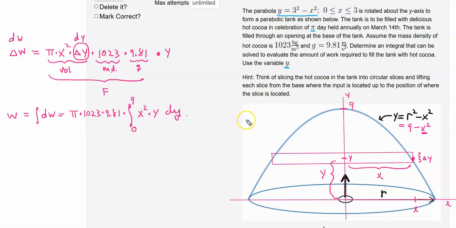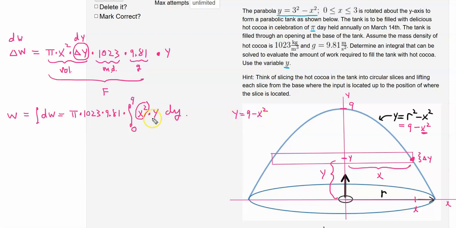All right. Now, of course, the only problem with this is that we have an x in our integrand. We need to figure out what this is in terms of y. Well, this point right here lies on the curve y equals 9 minus x squared, right? So that gives us a relationship between x and y.